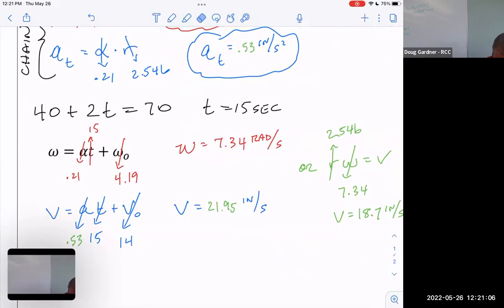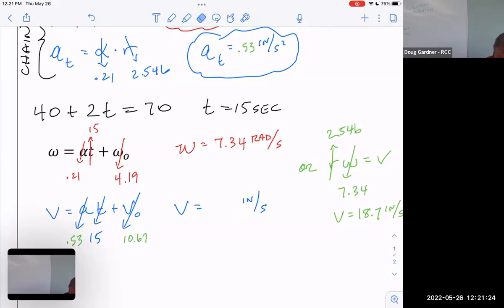So if I change this 14 down here to 10.67, there we go. Now they agree.